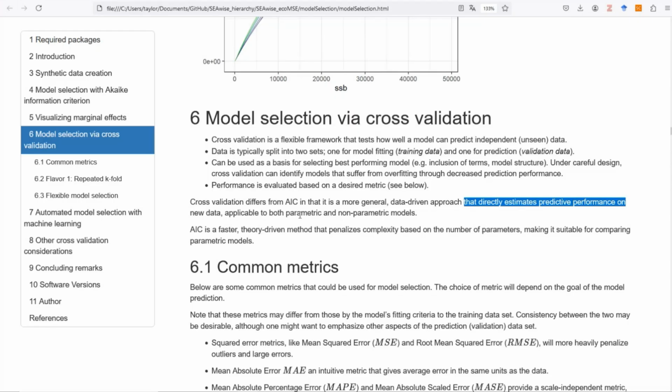It's also applicable to both parametric and non-parametric models. On the other hand, AIC is faster, it's theory-driven, and it penalizes complexity based on the number of parameters, but it doesn't have this implicit aspect of prediction inside of it.